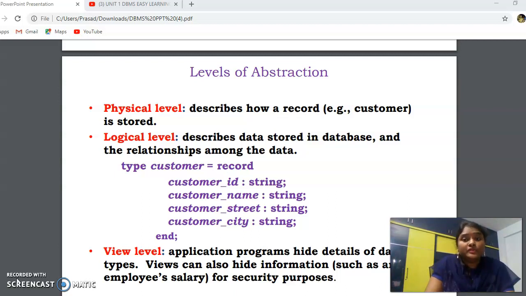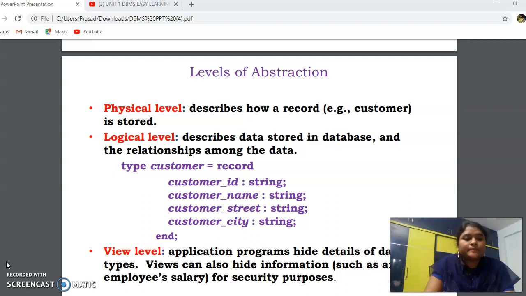And last one is view level. This is the last level of the levels of abstraction. Can you guess the definition of view level? It is there from the word itself, view. This view level is the highest level of data abstraction and it helps the user to interact with the database. Do you know how a user will interact with the database?